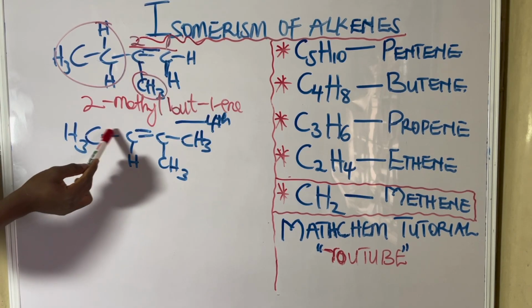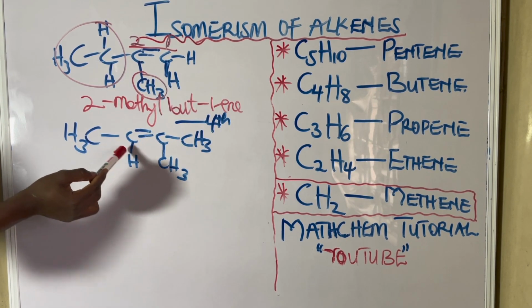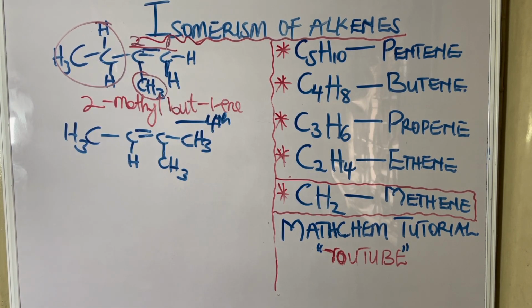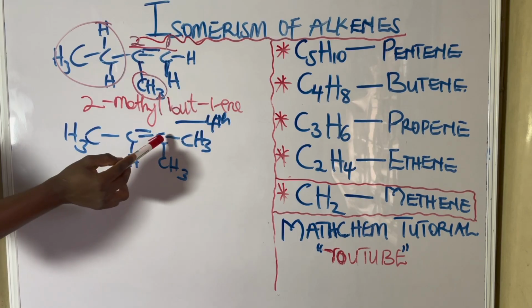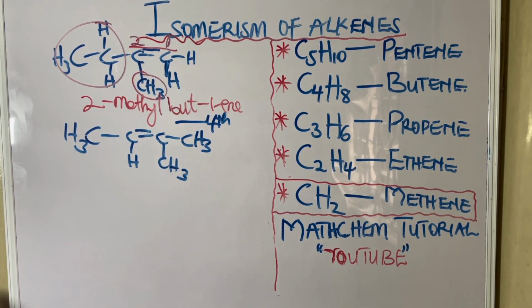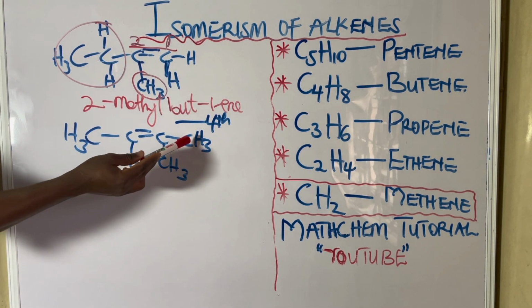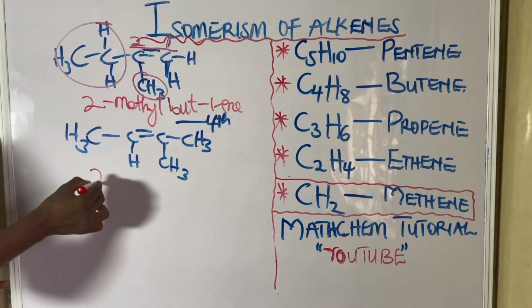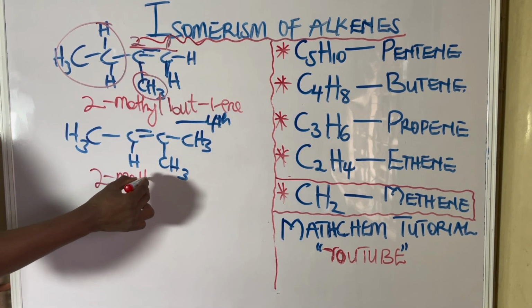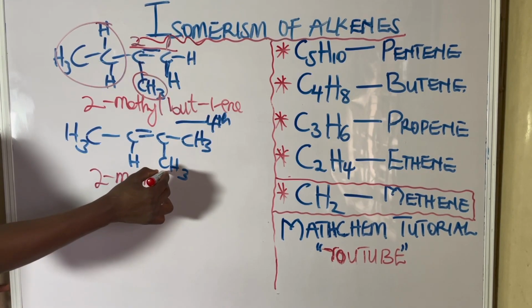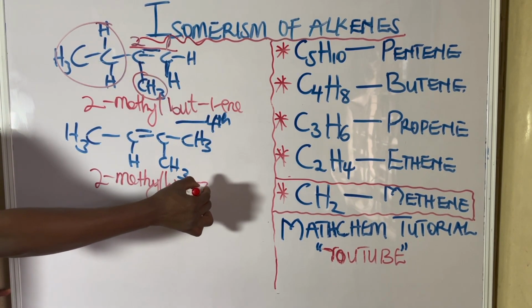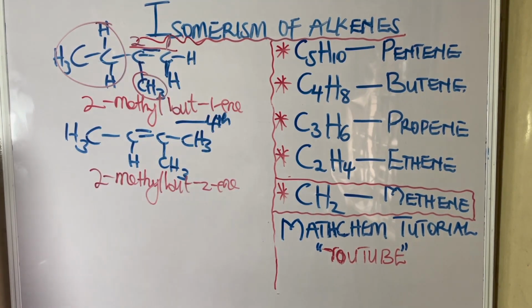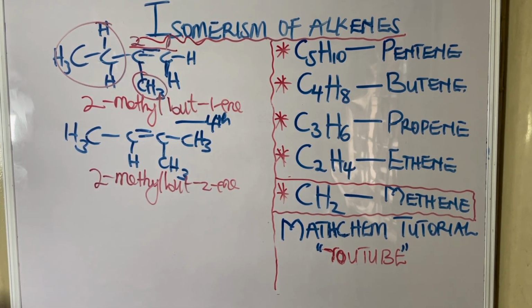Starting from here, this one will be 3-methylbut-2-ene, but coming from here, it is 2-methylbut-2-ene. It's better for us to start from here. So we give this the name 2-methylbut-2-ene. All right.